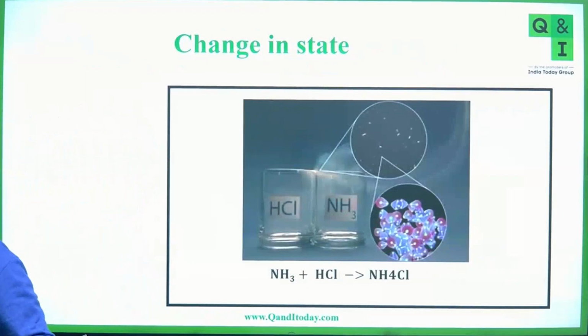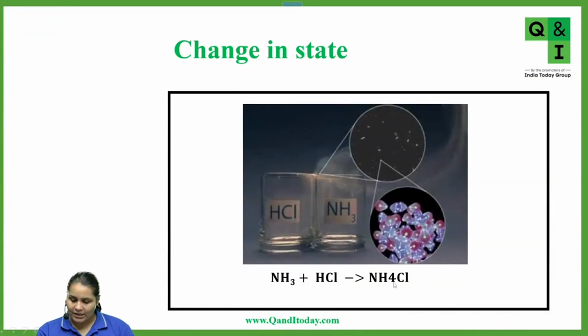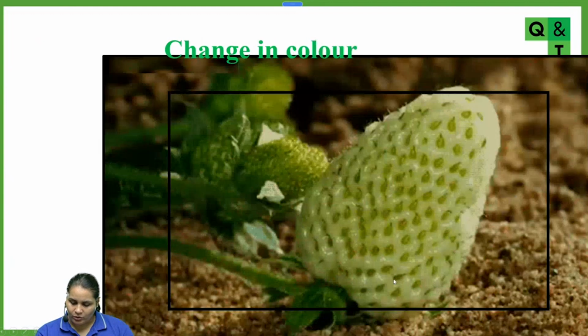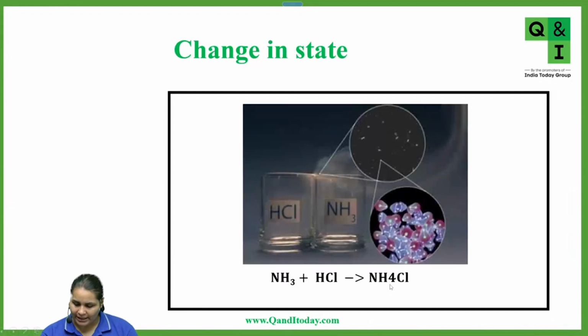Coming to the first one, change in state. One example you can see here is ammonia reacts with HCl to give ammonium chloride. Now, listen carefully. This is not the way we should write ammonium chloride.